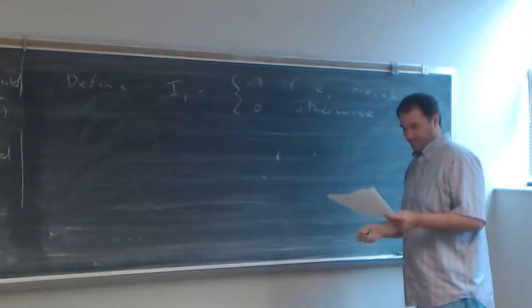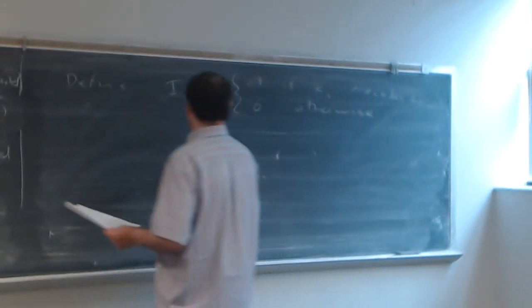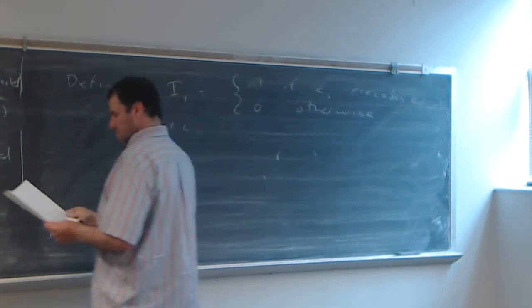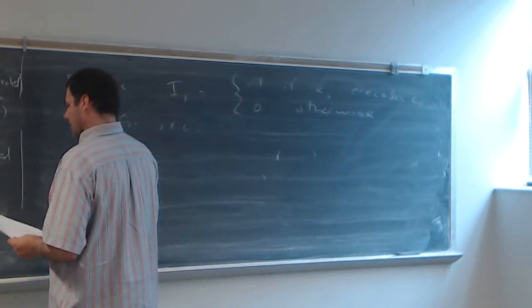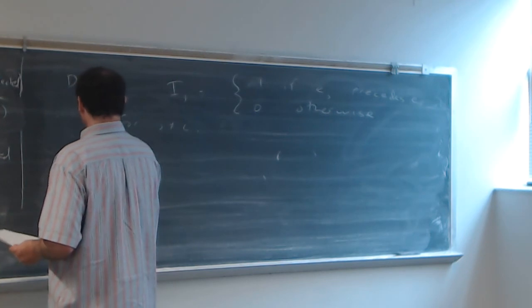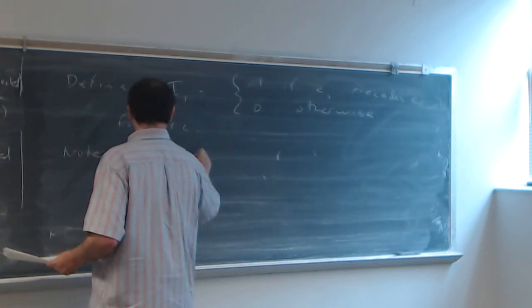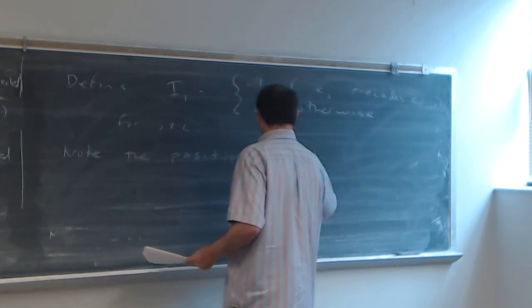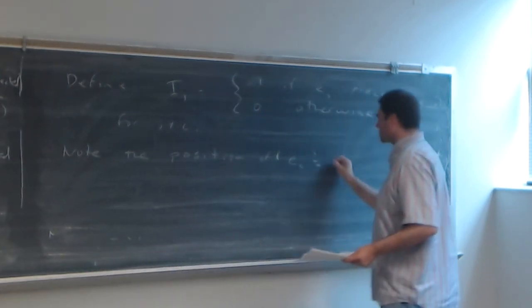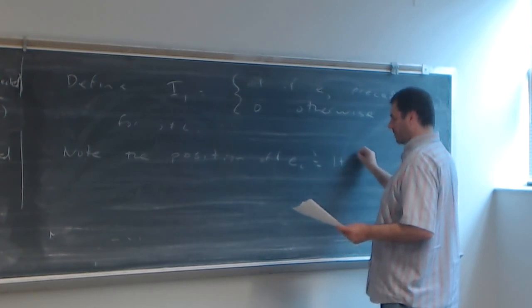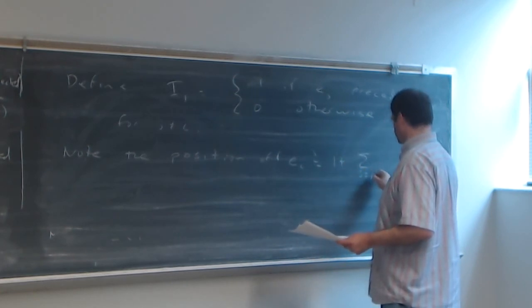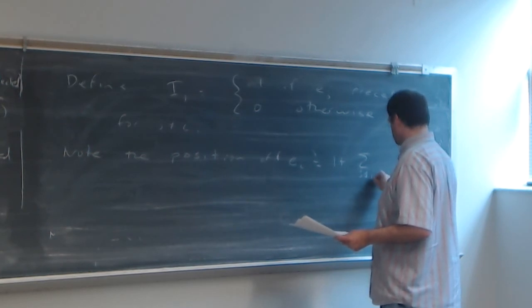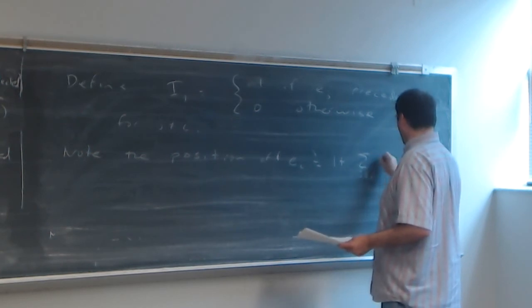And this is for j being different than I. Now note the position of E_I is going to be equal to 1 plus the sum over the j's being different than I of I_j.